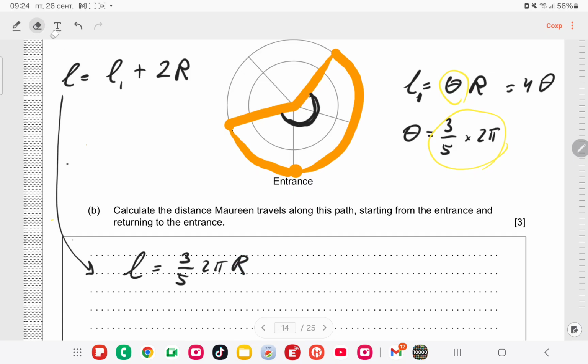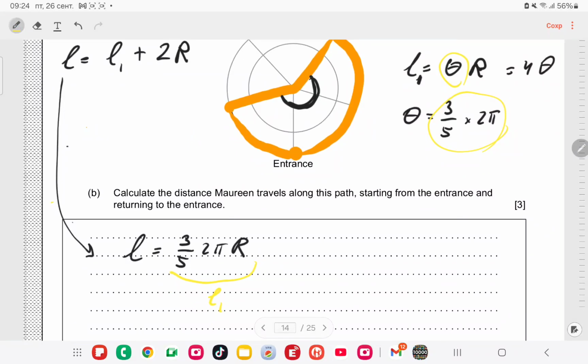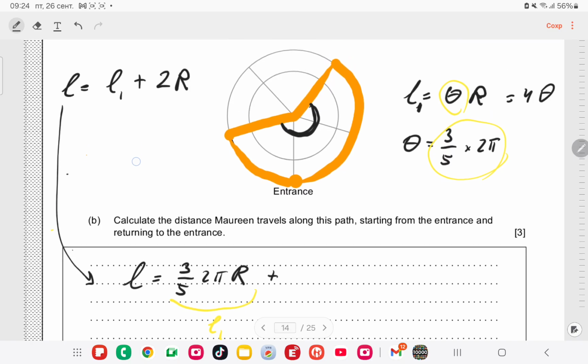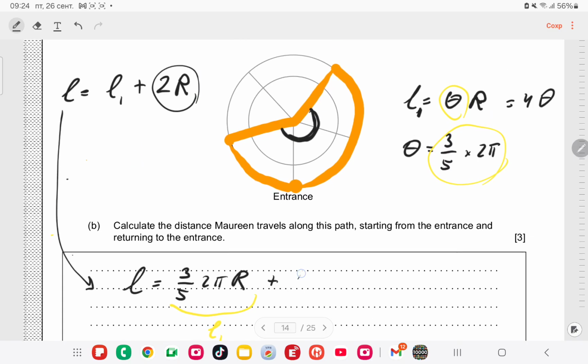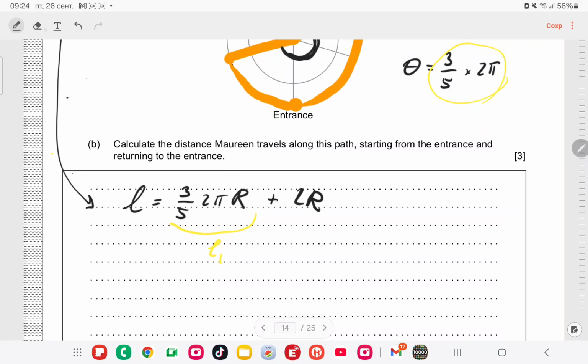Times r. So this is L1, and the plus remaining part is 2r. Now instead of r we put 4 to finalize our calculations: 3 over 5 times 2 pi times 4, plus 2 times 4.